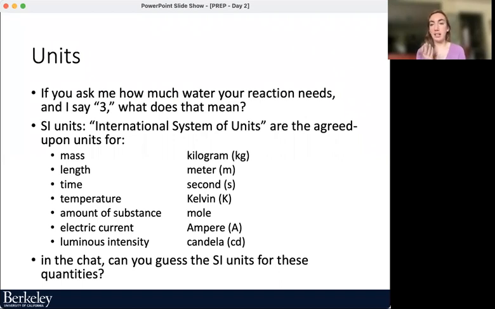That said, that is the agreed upon unit, but people do report things in Celsius pretty often as well. Amount of substance is moles. We'll talk about using moles a little later this week. Electric current is ampere, and indeed, luminous intensity is the candela, which is a fun piece of trivia that I definitely did not know. I have never used this unit, but I also don't work with light that often.